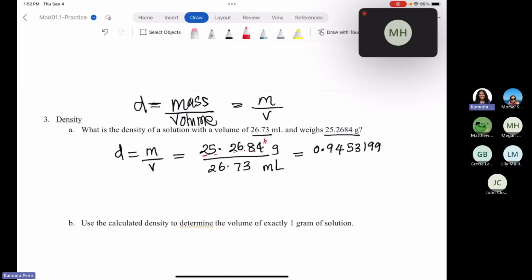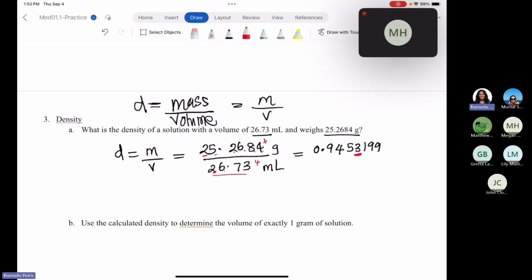The denominator value has only 1, 2, 3, 4 significant figures. So when you are doing multiplication or division, the final answer must be given with the least number of significant figures. So this value has only 4 significant figures.